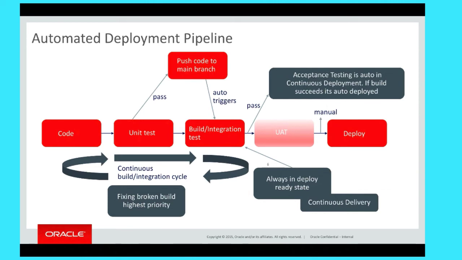If the tests fail, it becomes very clear which developer's code failed the test, so it's easy to pinpoint the issues and go back and fix them. This happens in parallel, so multiple developers might be coding and pushing changes, and the development process is definitely speeded up. The entire pipeline is set up so that if a build passes, it can go on to further testing in UAT or go for deployment.